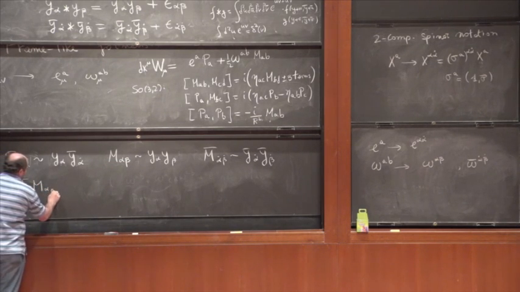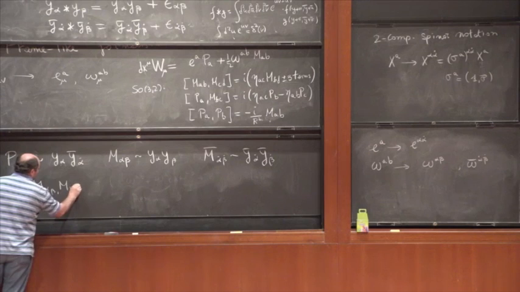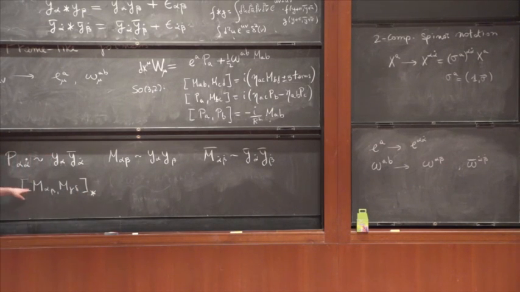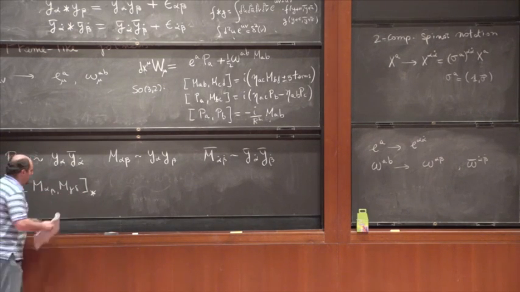So for example, the star commutator of M alpha beta and M gamma delta means M star M minus the other way around.